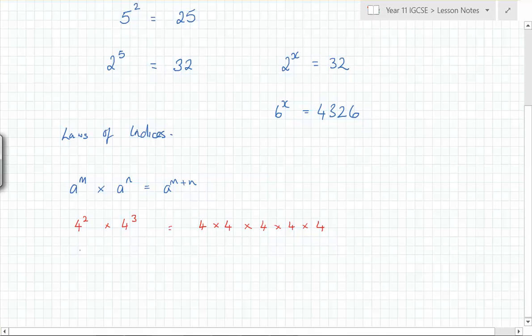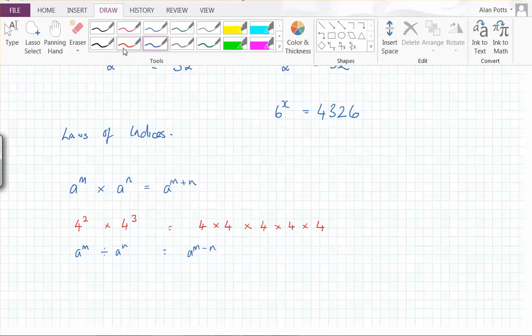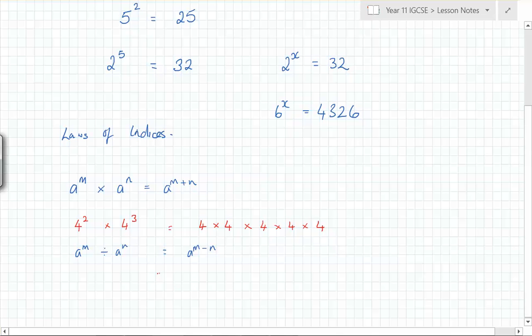So along the same lines then, what about a to the power of m divided by a to the power of n? What would that be? A to the power of m minus n. Same way, because if we have 3 to the power of 5 divided by 3 to the power of 3, it's like doing 3 times 3 times 3 times 3 times 3, all over 3 times 3 times 3.